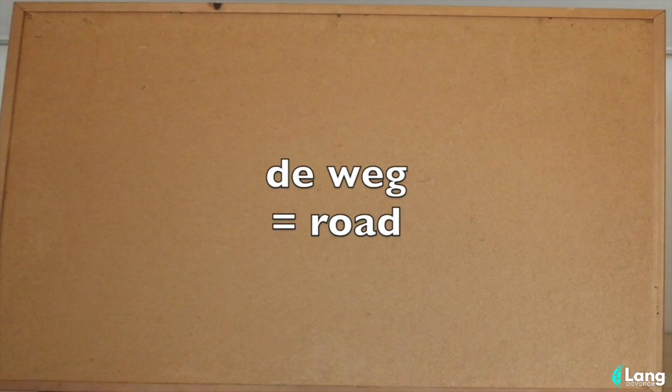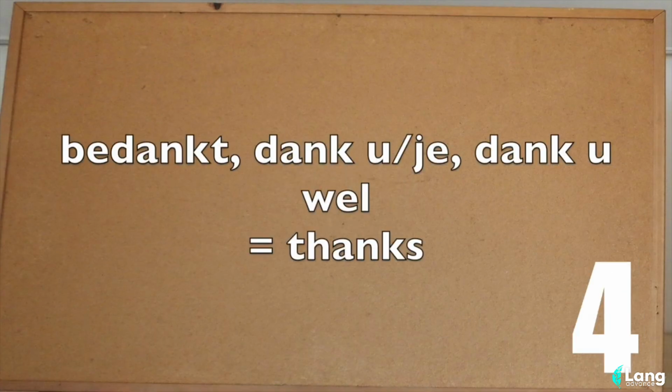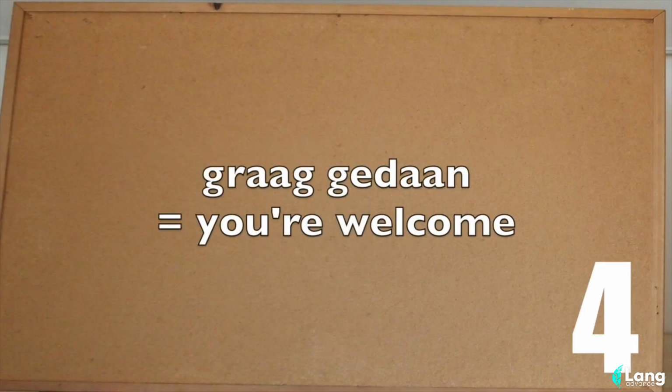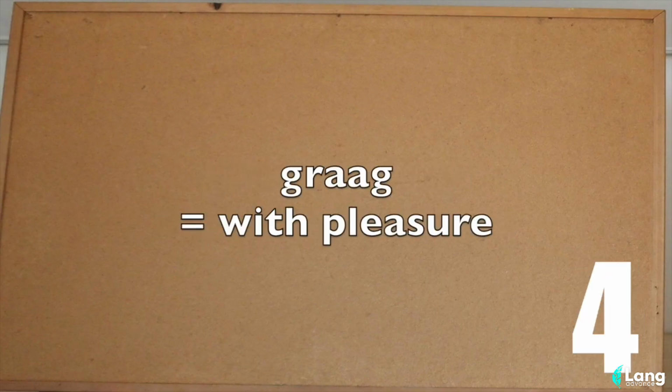De weg is a road. Bedankt, or dank u, dank je, or dank u wel, is thanks. Graag gedaan is you're welcome, is an expression, just as in English. Graag means with pleasure.